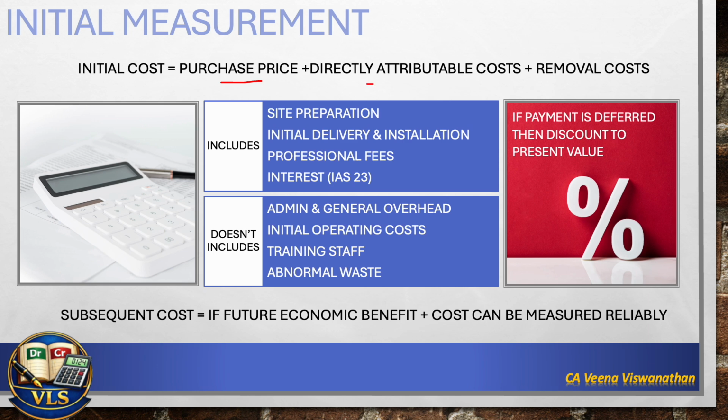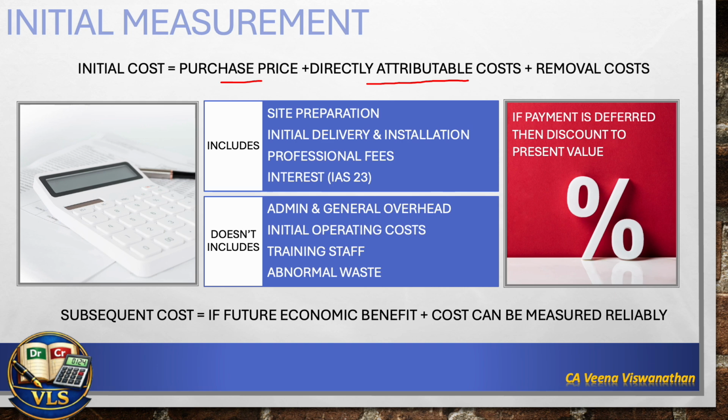The second one is the directly attributable cost. This includes all the costs which are directly linked to get the asset ready for use. For example, delivery charges, installation and assembly, site preparation, testing costs, professional fees, etc.